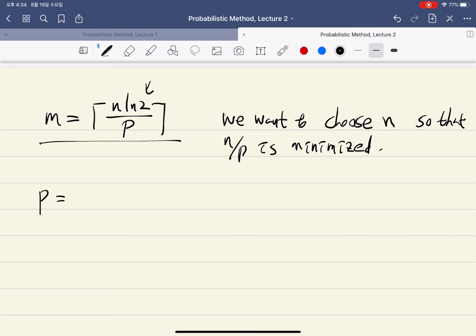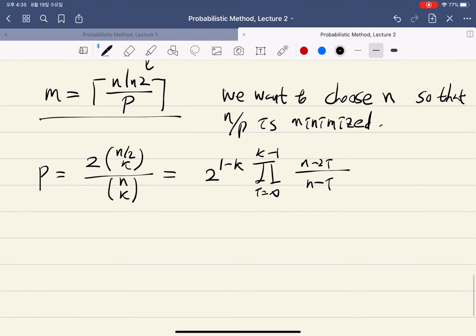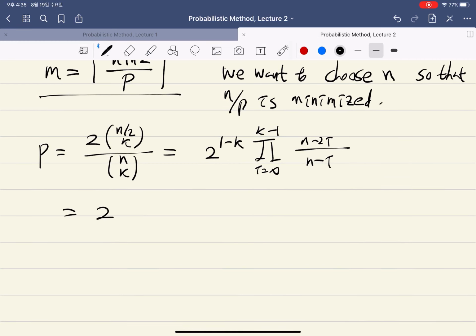So what's p? P is 2 times n over 2 choose k over n choose k, which is 2 to the 1 minus k, and then you multiply n minus 2i over n minus i, which is 2 to the 1 minus k multiplied by, so what's each one of them?